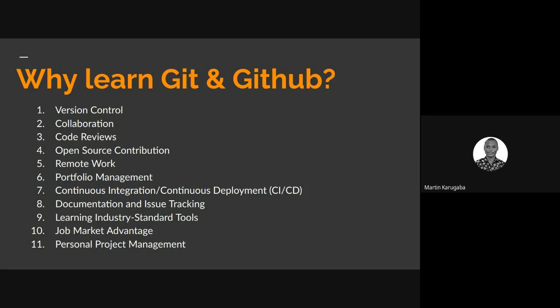He is able to point out issues, and then you go and find a way to fix it. We'll talk about that later in detail when we get to working with GitHub. Number nine is learning industry standard tools. Git and GitHub is an industry standard tool.